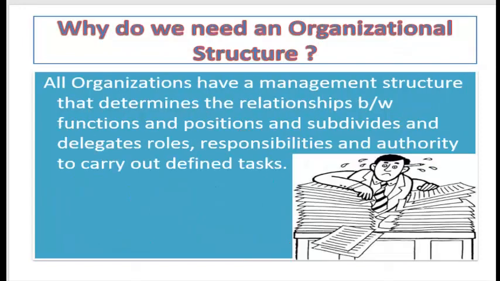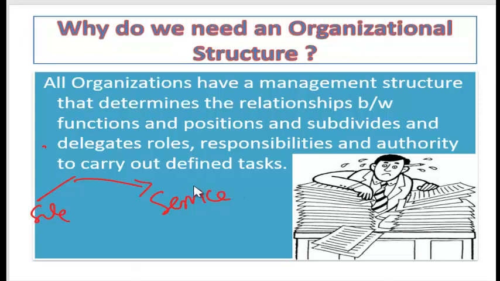Now why do we need an organization? Because we want a management structure which determines the relationship between functions and positions, which subdivides the job and delegates roles. Like I told you, this is the sales executive, this is from the service side.